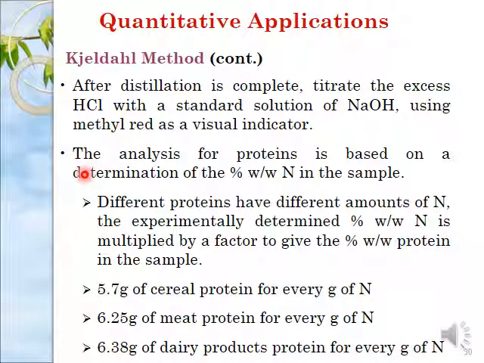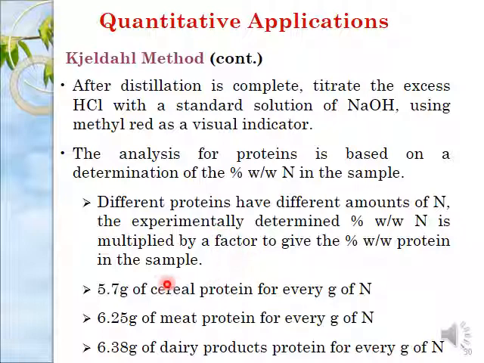So how to calculate the protein content in the sample? Different proteins will have different amounts of nitrogen, and to calculate the protein of the sample will depend on the source of the sample.